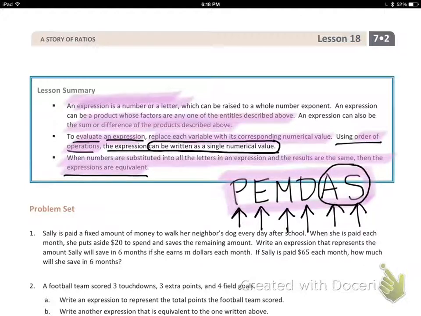We created equivalent expressions, just to show how, like there are equivalent fractions and decimals, there are also equivalent expressions which will yield the same single numerical value, despite the fact that they look different. And we used the properties of addition and properties of multiplication to create those equivalent expressions.